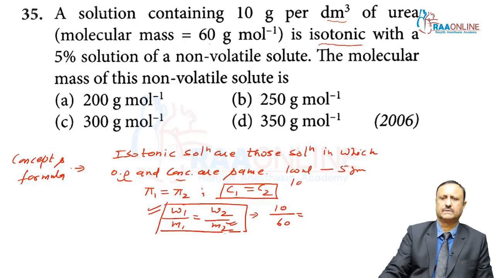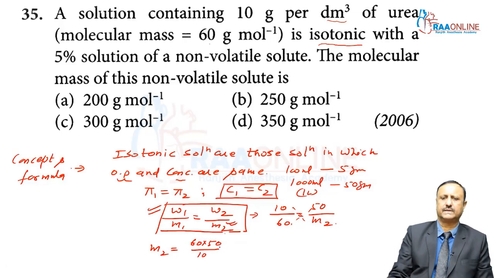So my dear students, 1000 milliliter or 1 liter has 50 gram dissolved. So you can put 50 and calculate M2. We can calculate M2 by this formula. M2 is equal to 60 into 50 upon 10.